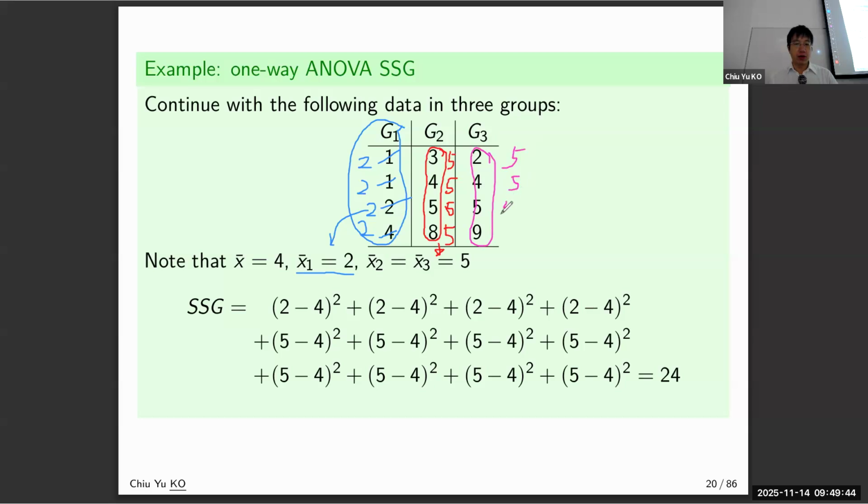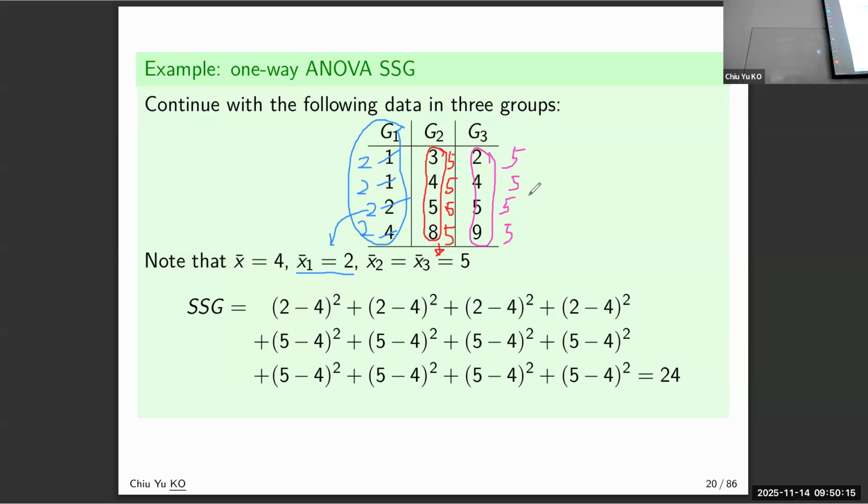So with this new data set, basically there's no variation within each group. There's only difference across groups. So that's why this is called SSG. You basically do the same, but subtract the overall 4. This SSG is shutting down the difference within the same group, so every observation is replaced by its group mean.